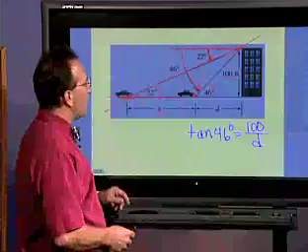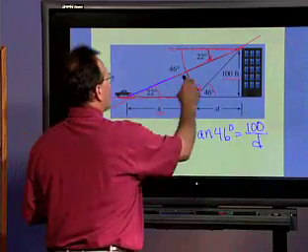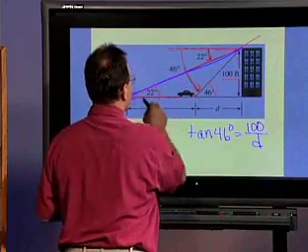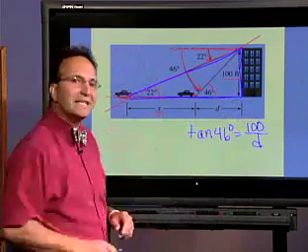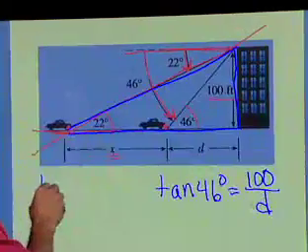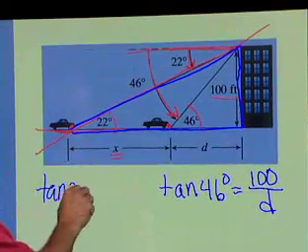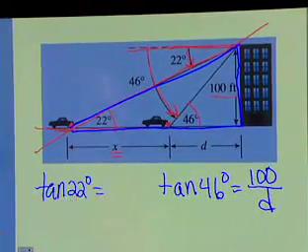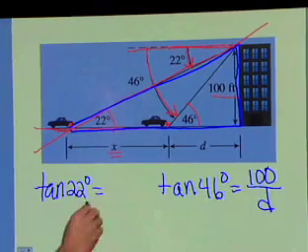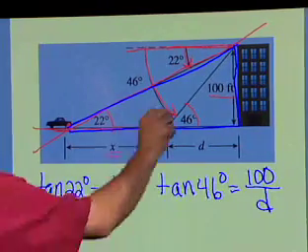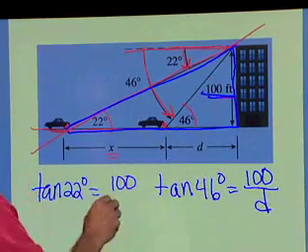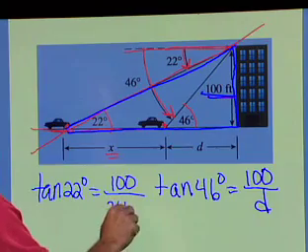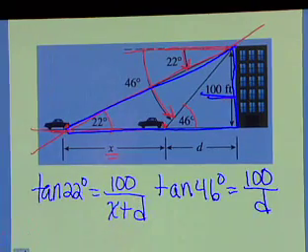From the larger triangle, the one that involves the 22-degree angle of depression, what we can say is that the tangent of 22 degrees is equal to 100, which is the side opposite, divided by the side adjacent, which is the sum of x plus d.